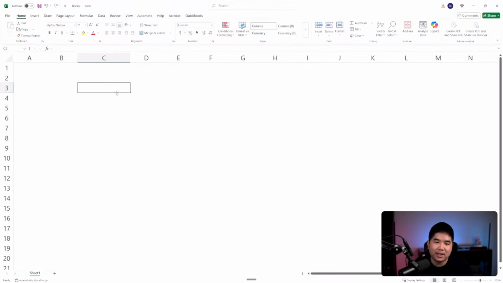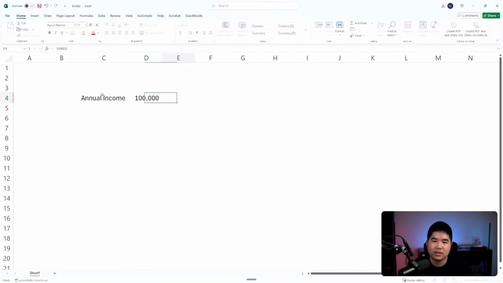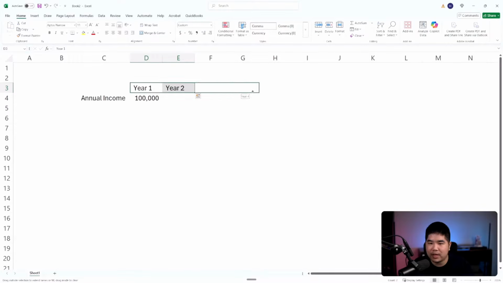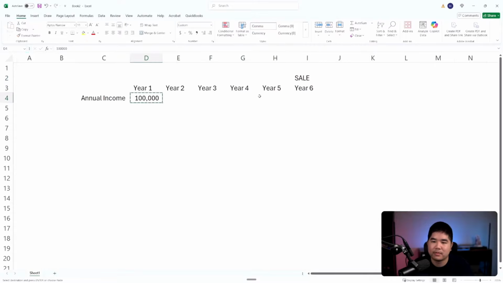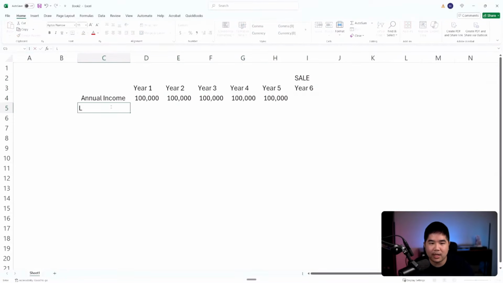So let's open the Excel, and let's say we have annual income of $100,000 in year 1, and then year 2, year 3, year 4, year 5, and then in year 6, we will sell this property. Then we will claim the CCA.